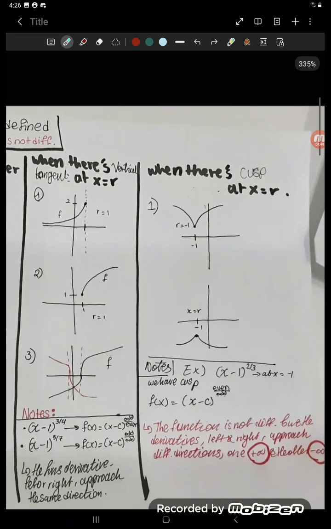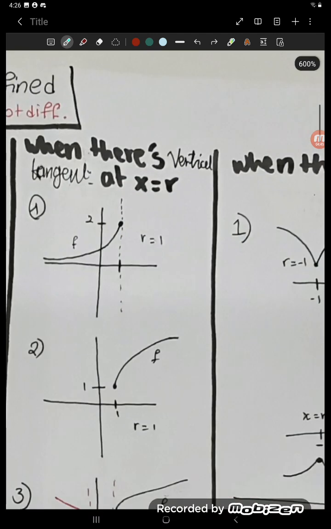All right, let's talk about when there's a vertical tangent at x equals r. Now, there was a little bit of controversy about this topic, because this is the first time I'm hearing this.